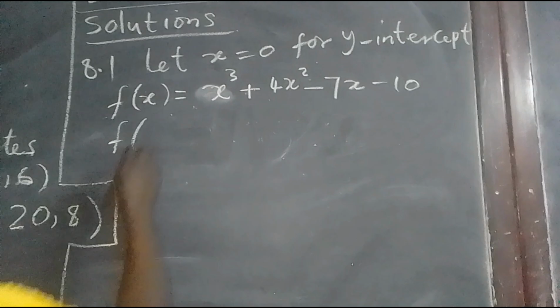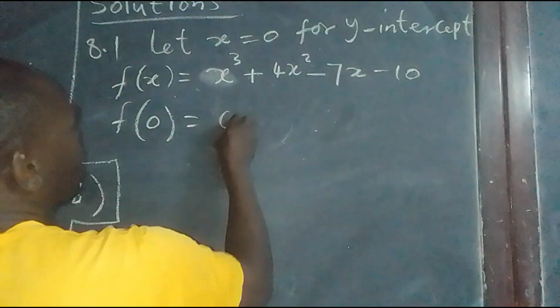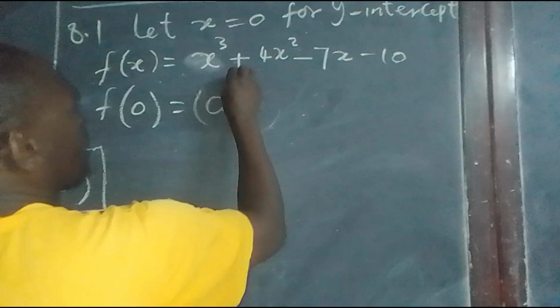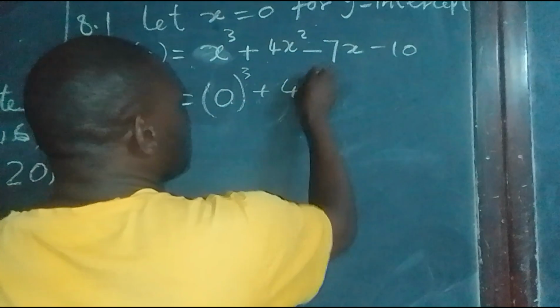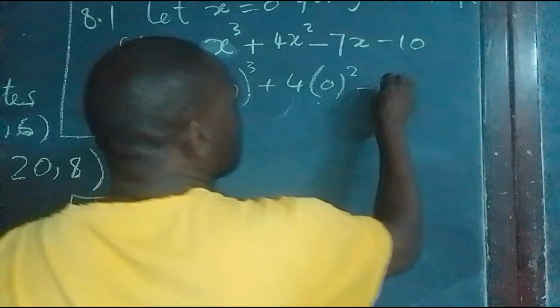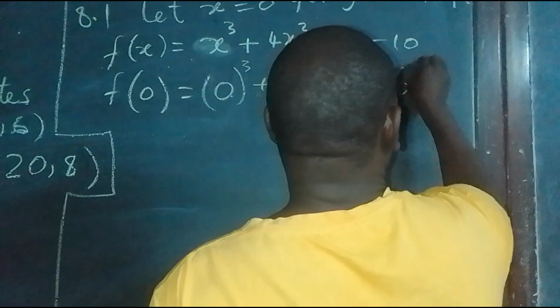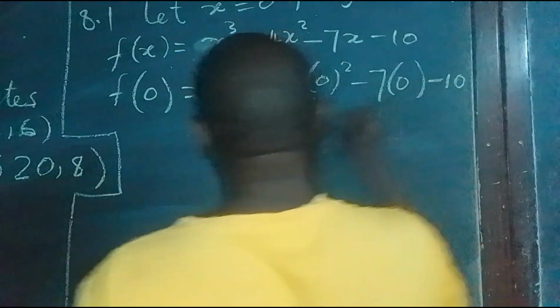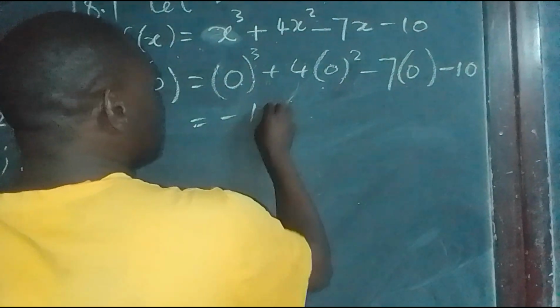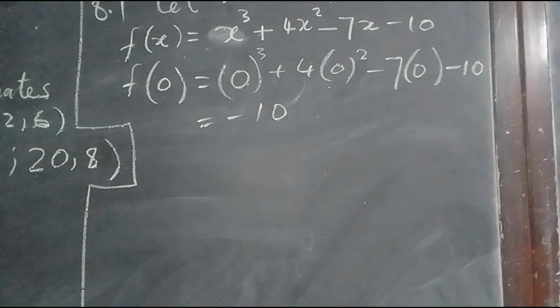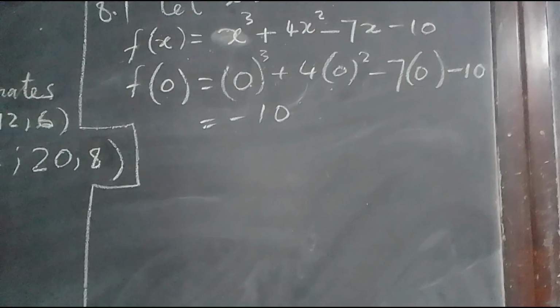When we let x be 0, we get 0 cubed plus 4 times 0 squared minus 7 times 0 minus 10, which is equal to minus 10. We have taken that 1 point.